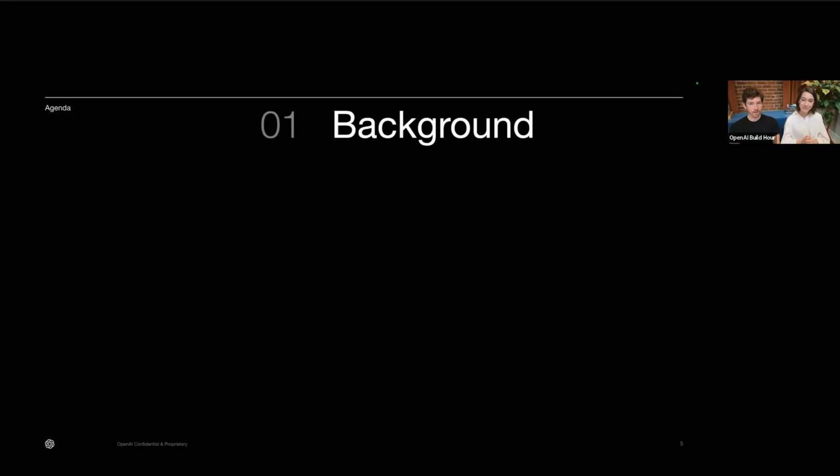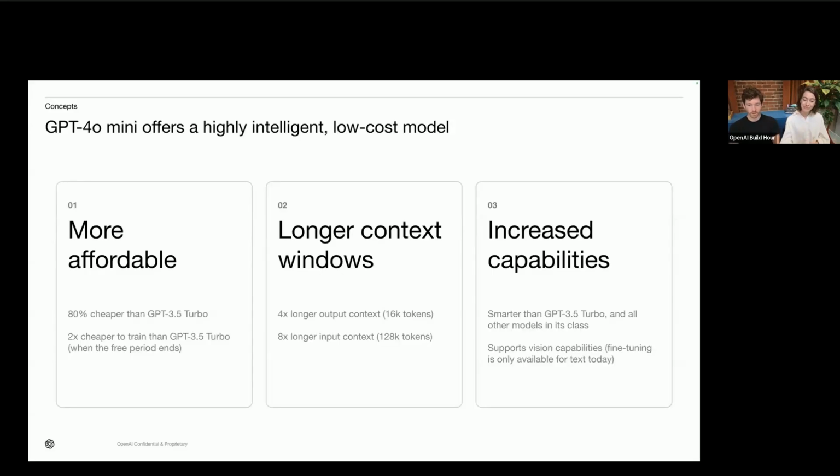All right, thank you very much. So let's dive in. And great. So let's get a little more in depth into 4o Mini. You're probably familiar and pretty excited. I know I am. It's a lot more affordable, 80% cheaper than GPT 3.5 Turbo. And especially compared to 4o, it's just a super, super low cost model that's still really surprisingly intelligent.